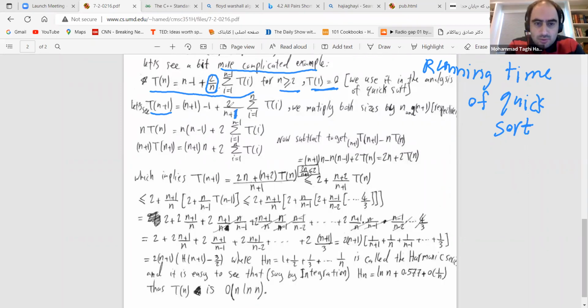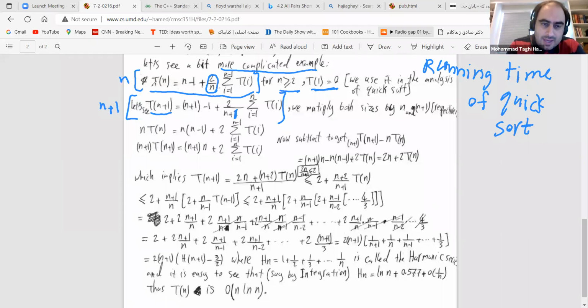To do so, we multiply both sides of this by n and both sides of this by n plus 1. See what will happen.